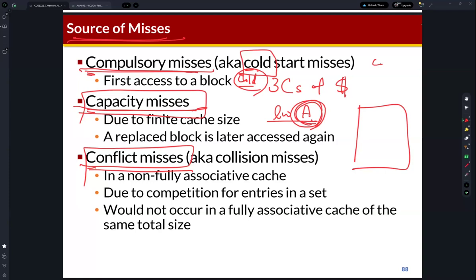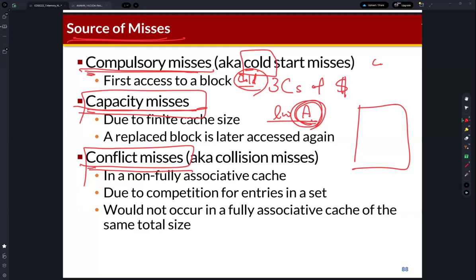We already know that the fully associative cache exhibits a higher hit rate, right? But if we use a set associative cache or direct mapped cache, the hit rate is reduced, which means the miss rate is increased.